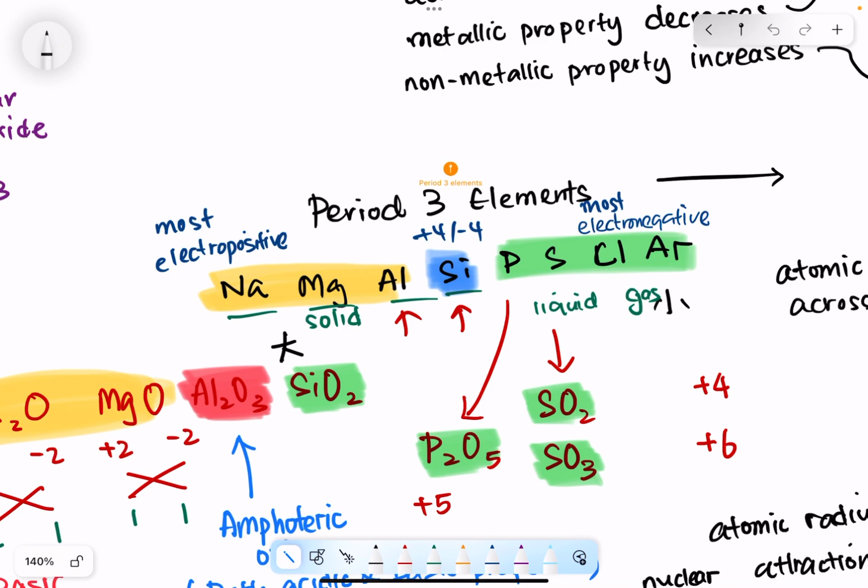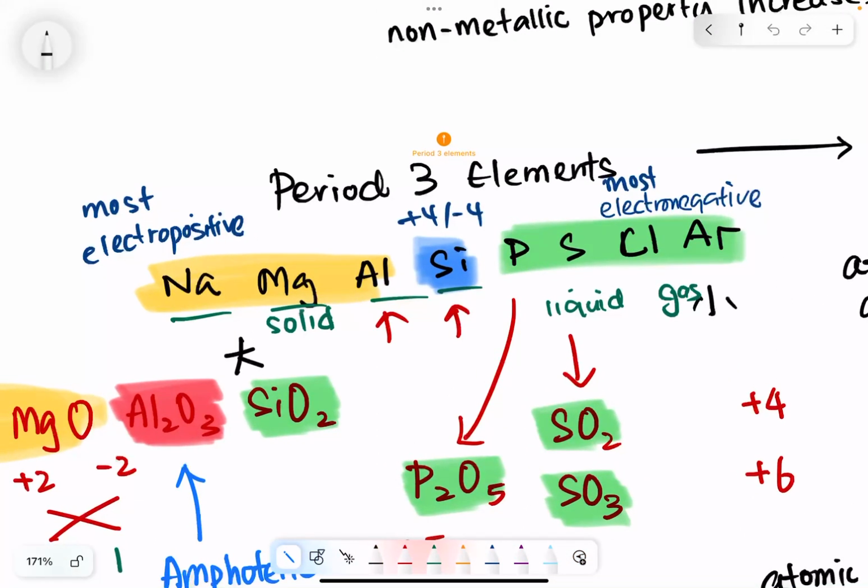You will see that it's quite colorful in here because there are some special things in writing them this way. Firstly, all these yellow ones are telling you that sodium, magnesium, and aluminum are metals, while silicon is what we call a semi-metal.